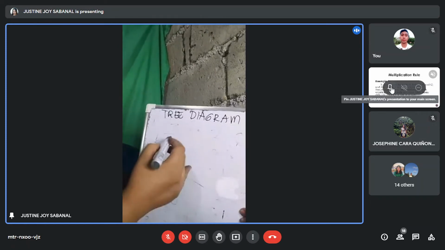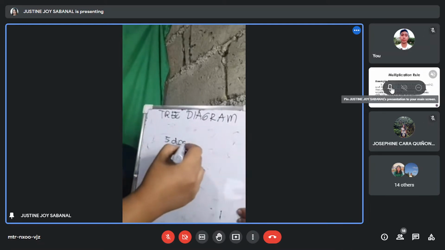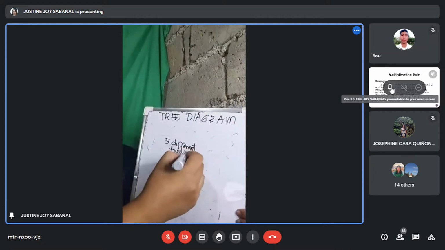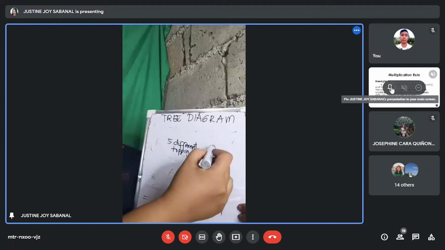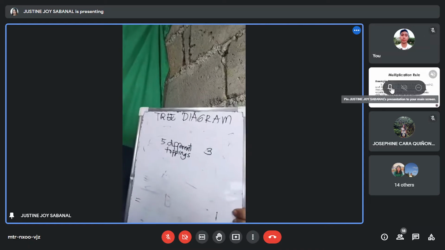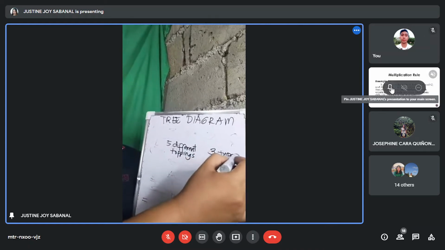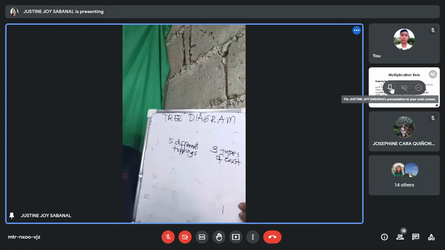Meron tayong 5 different toppings ng pizza, at saka 3 types of crust.